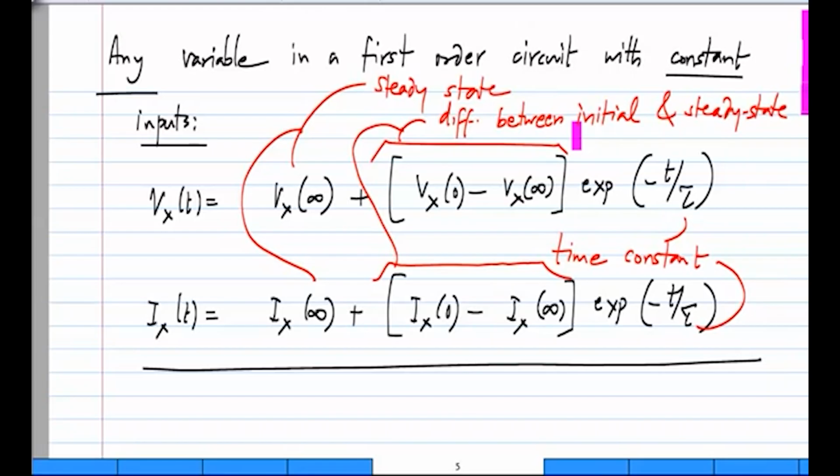If you have an inductive circuit, you find the steady state by short circuiting the inductor, because the inductor voltages are 0 in steady state with constant inputs. Then you have these values at 0 and infinity, and the time constant can of course be found by finding the Thevenin resistance across the terminals of the capacitor in the source free circuit. So the entire response can be written down by inspection.